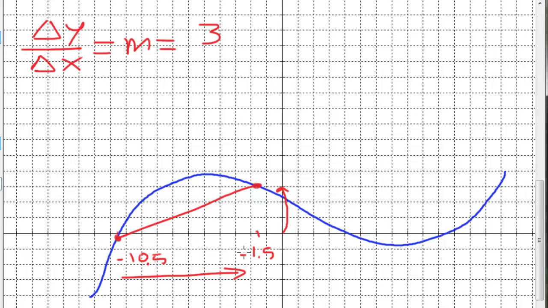Well, the difference between these two, sorry, 1/3. So that's an average rate of change of 1/3. So over this interval, from there to there, the function has an average rate of change of 1/3.